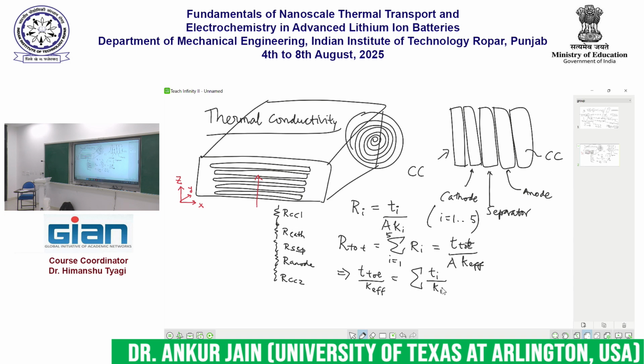So what happens is that each of these materials is manufactured separately. You get one ream of current collector. These are very thin materials. You have another ream of anode, cathode, separator, etc. You bring all these reams together and press them together.